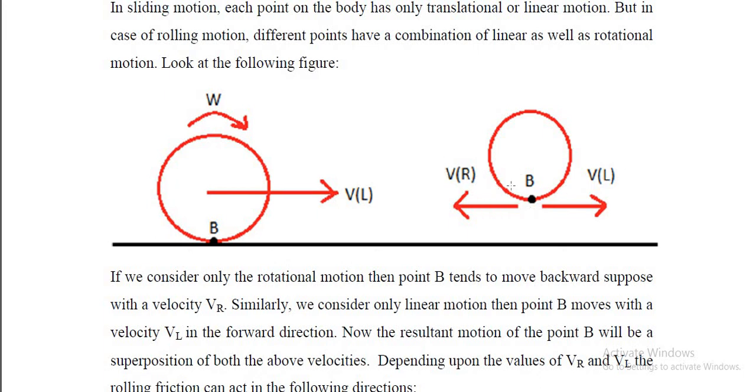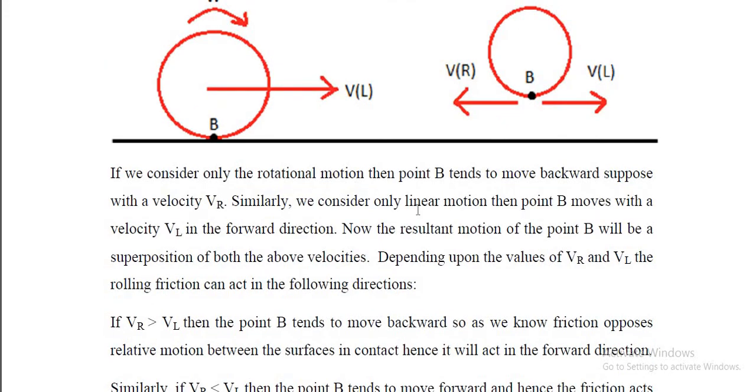If VL is greater than VR, the body will move in this direction, and if VR is more, the body will travel in the opposite direction. So if VR is greater than VL, the body B will move in the backward direction, because as we know, the friction force opposes the motion between the surfaces, hence it will act in the forward direction.